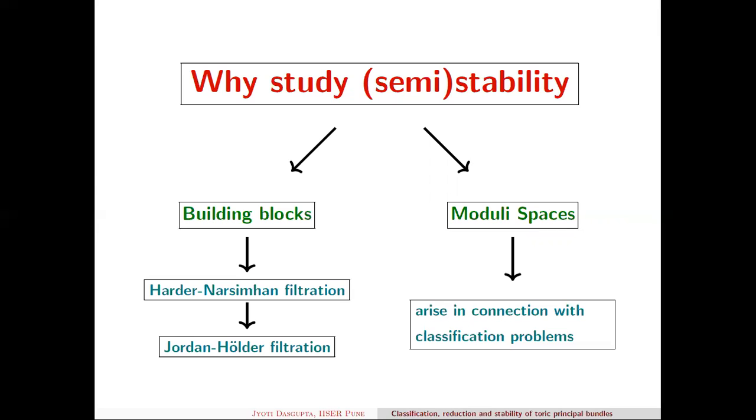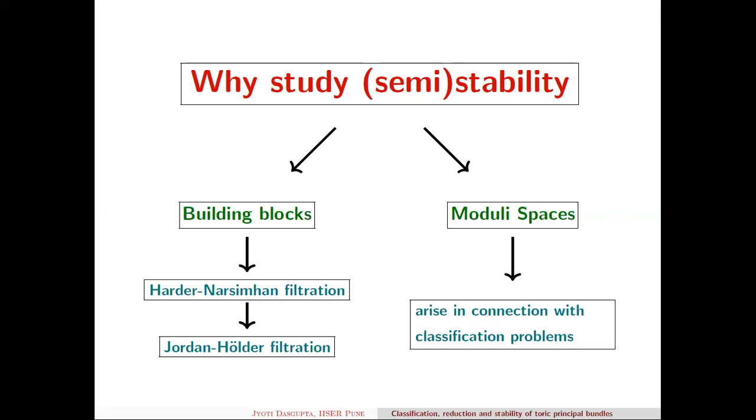That filtration is known as the Harder-Narasimhan filtration. On the other hand, every torsion-free semi-stable sheaf also has such a filtration by torsion-free sheaves, where each successive quotient is a stable sheaf. This filtration is known as a Jordan-Hölder filtration. So in this sense, semi-stable and stable sheaves are building blocks.